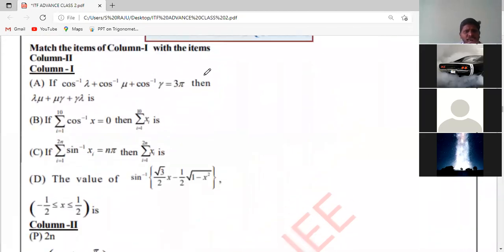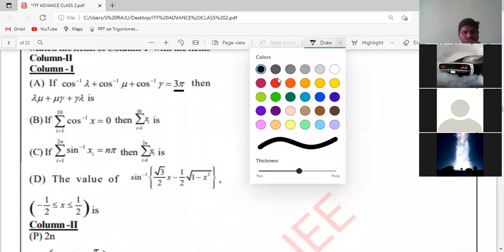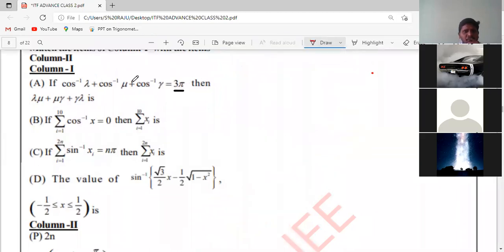Let us see here when it will be 3 pi. When it will be 3? Let us substitute some values for lambda, mu, and gamma. We can take lambda equal to mu equal to gamma equal to minus 1.